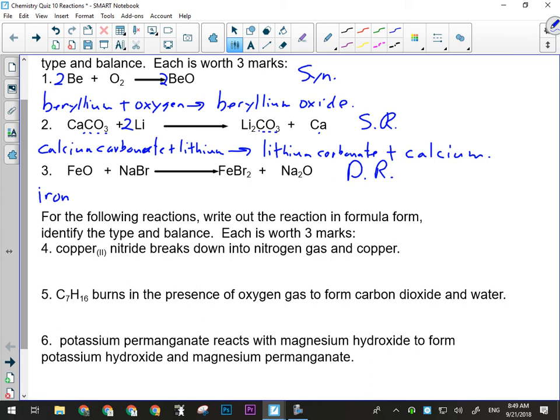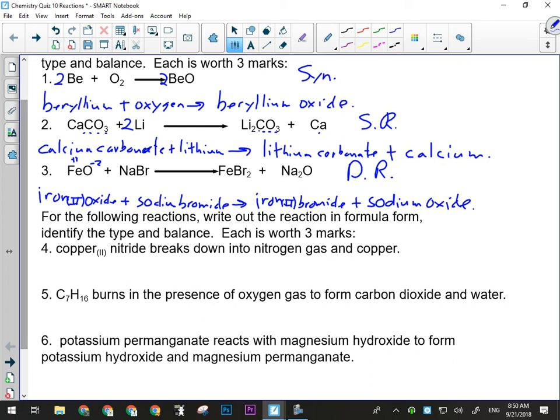Oxygen's a -2, so iron has to be a +2. So this is iron Roman numeral 2 oxide plus sodium bromide gives us iron 2 bromide plus sodium oxide. That's what that one looks like in words.